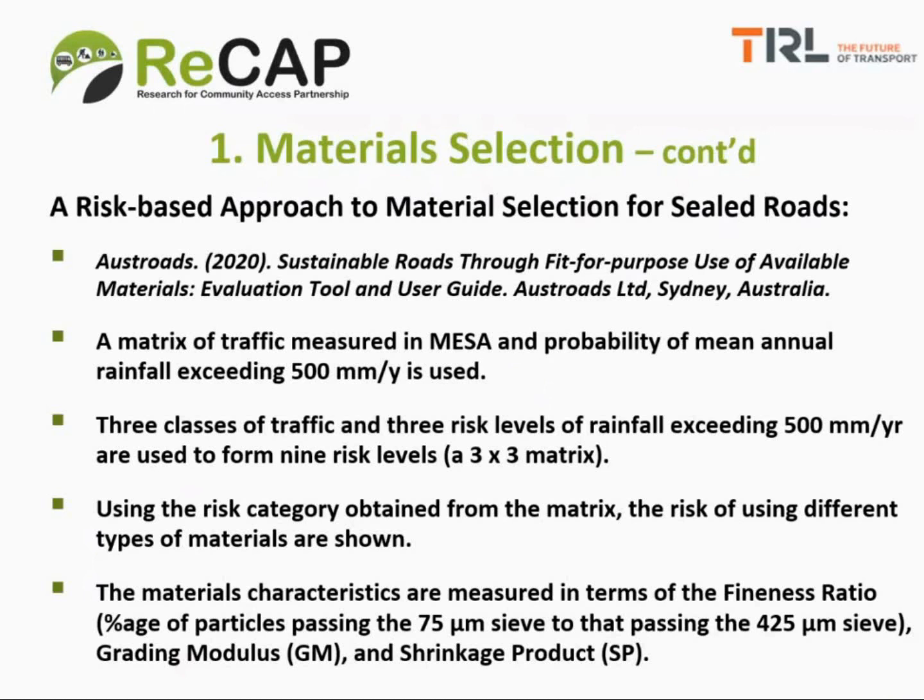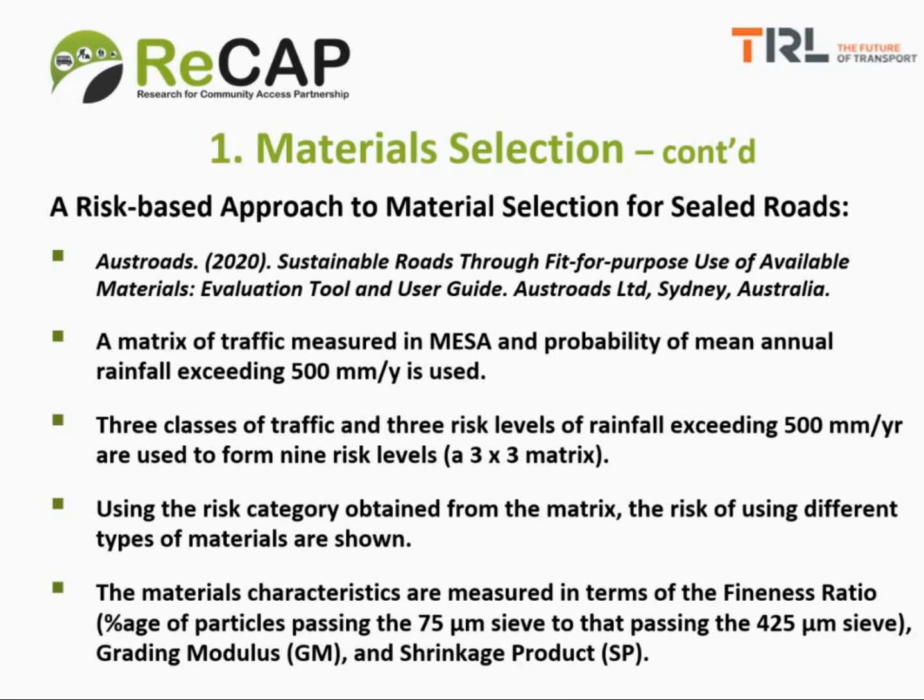The method uses a matrix system, and the matrix has traffic on one side and the probability of mean annual rainfall exceeding 500 millimeters per year on the y-axis.